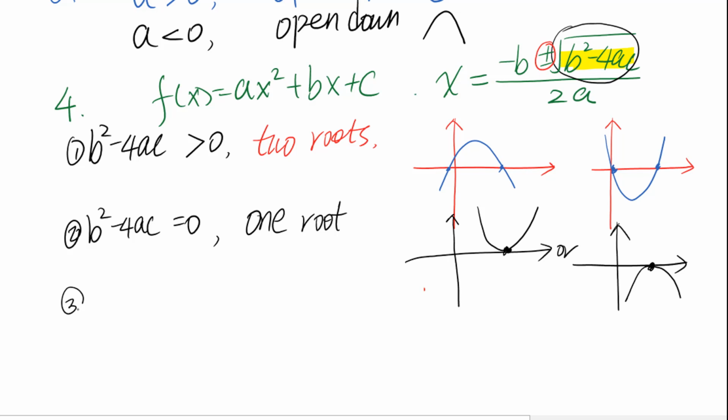For b squared minus 4ac less than 0, when you're looking for square root, b squared minus 4ac will be an error, which means no solution or no root.